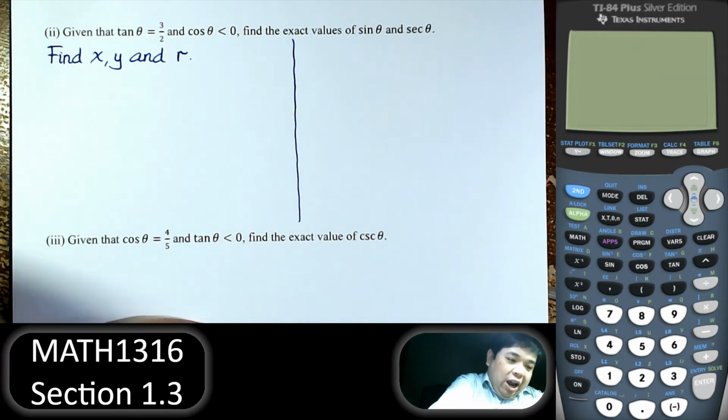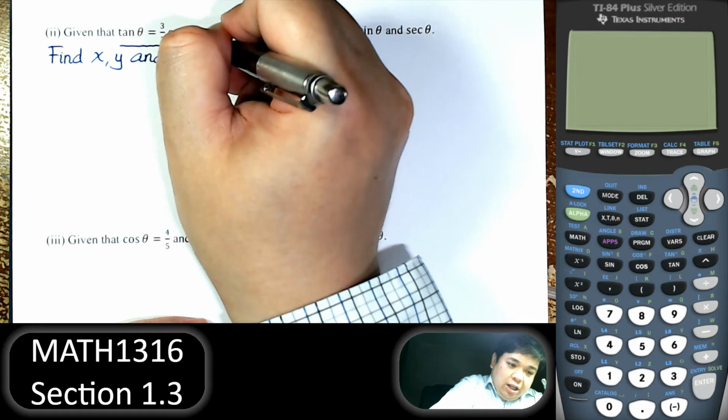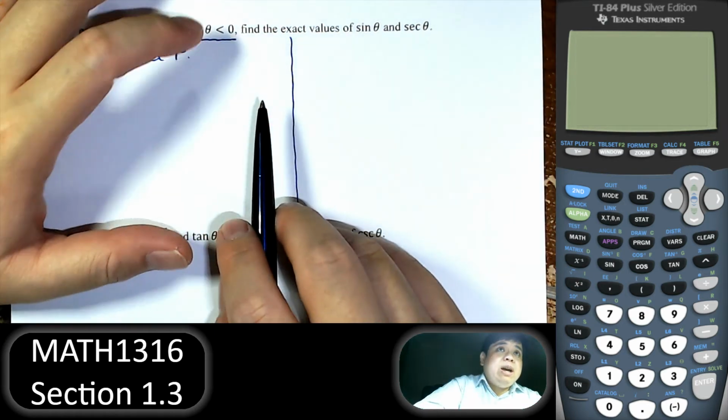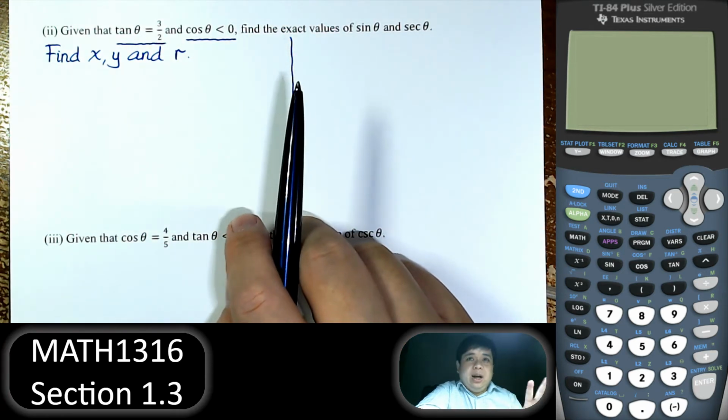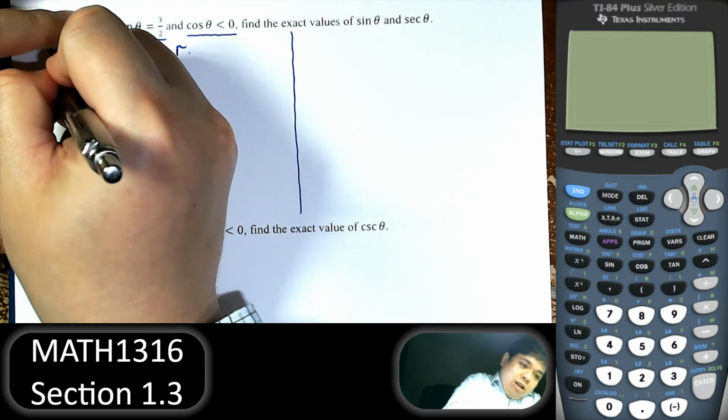We have tangent equal to 3/2, and cosine is negative. Tangent alone doesn't tell us whether they have the same sign, so if there's sine or cosine, we base on that first. So we look at the cosine.